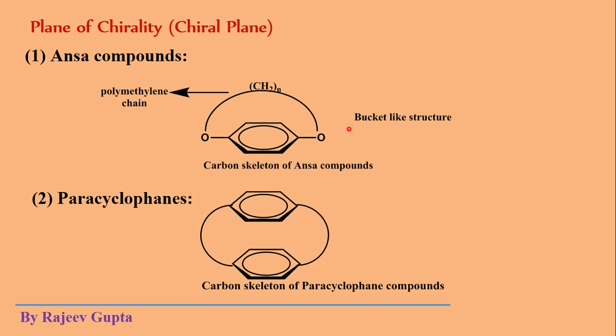This is the basic carbon skeleton of the ansa compounds, where we see a benzene ring directly attached to two oxygen atoms, like you can imagine para-dihydroxybenzene, where the two hydrogen atoms on these two oxygen atoms are replaced by a methylene carbon chain, CH2 CH2 CH2 CH2.